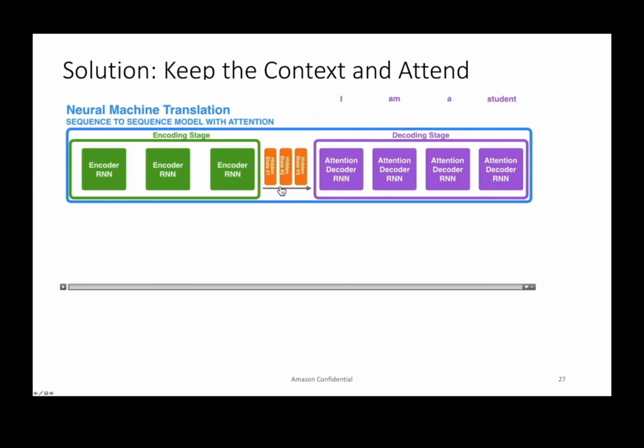That's the major difference between attention and a normal machine translation using an encoder and decoder. So in attention, we keep the whole hidden state of each word, and then we do something called attending to each hidden state, and that is able to produce the decoded output, which is a translation.